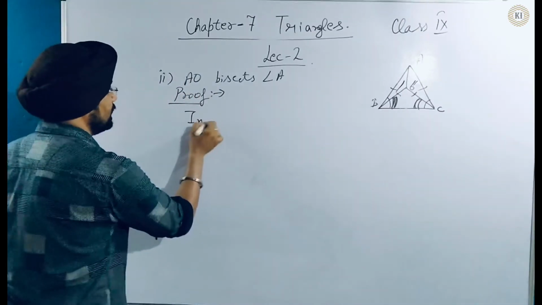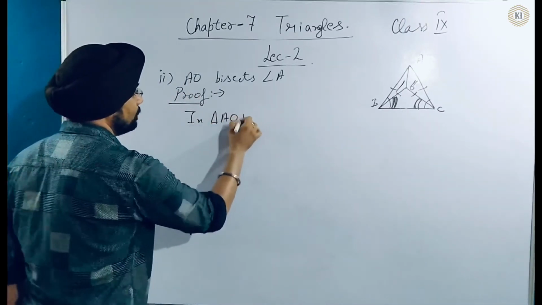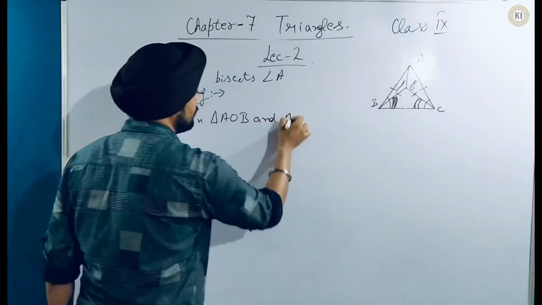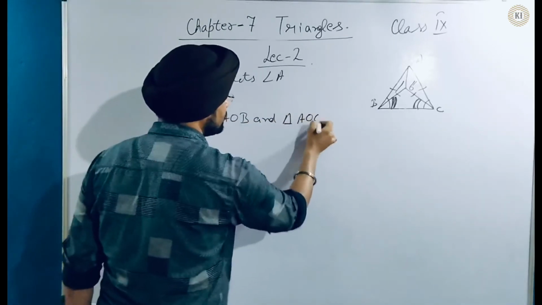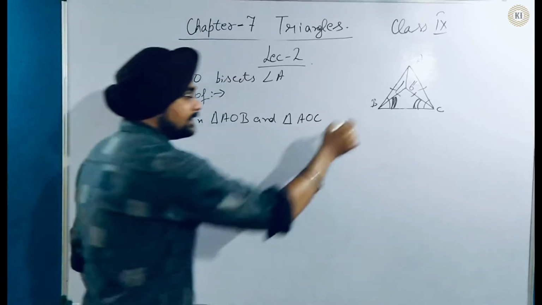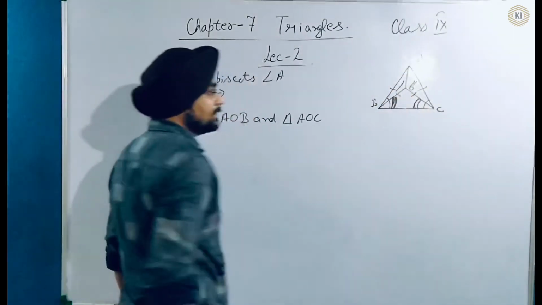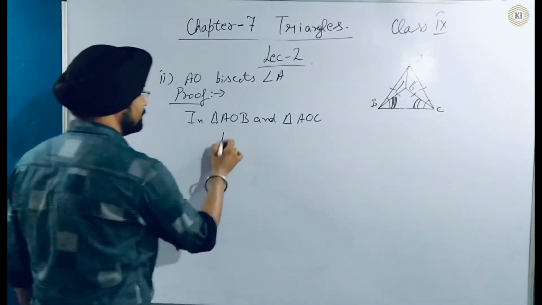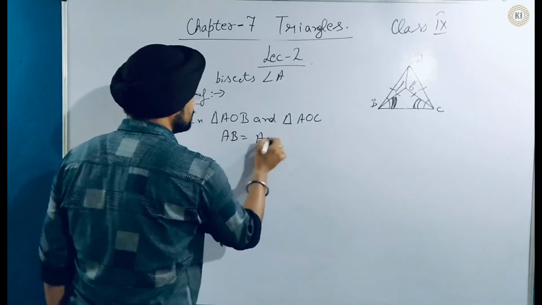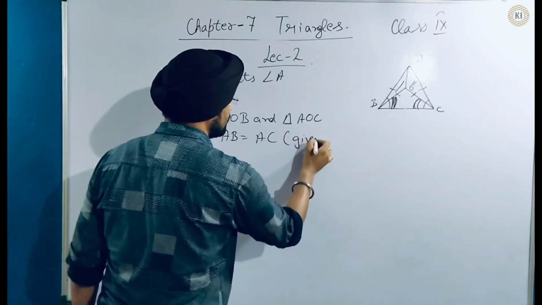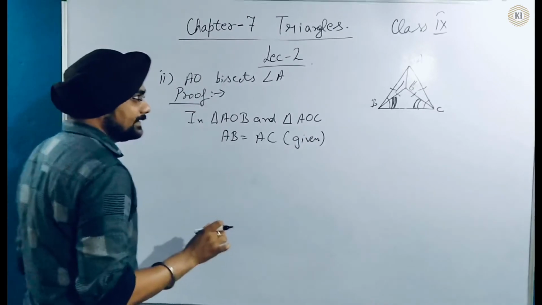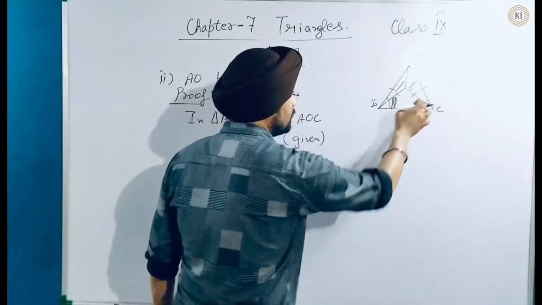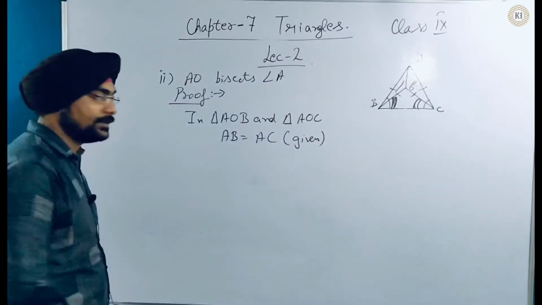So in triangle AOB and triangle AOC, AB is equal to AC. These two sides are already given, so AB is equal to AC, that is given. Second, OB is equal to OC, which we have proved above.